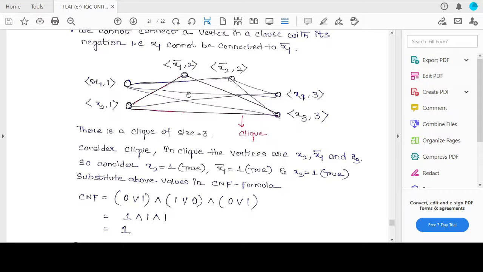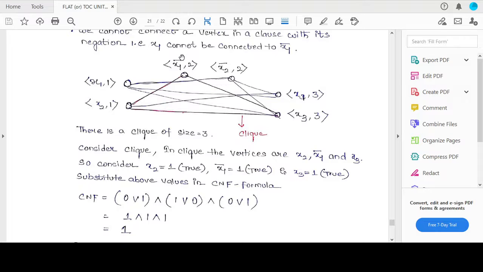This is how the vertices x1 bar, x2 and x3 are connected together. So it is a clique of size 3. Here what we have done is reduced the CNF satisfiability problem into the clique decision problem.